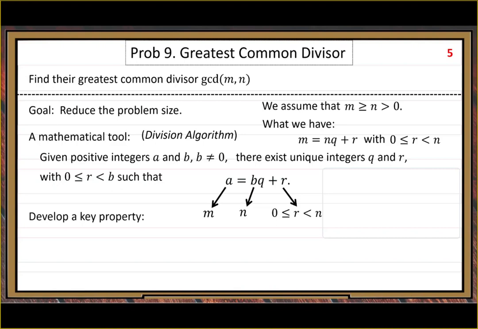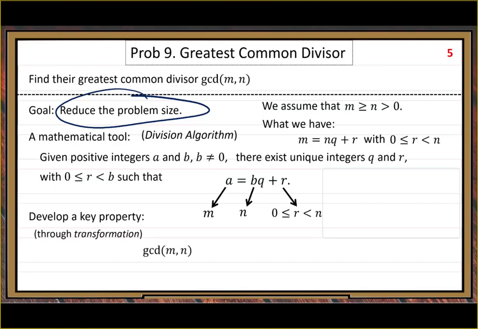The key property that we use for size reduction. Remember our goal, size reduction. But how? We need to derive the formula to do the size reduction, through GCD formula transformation.